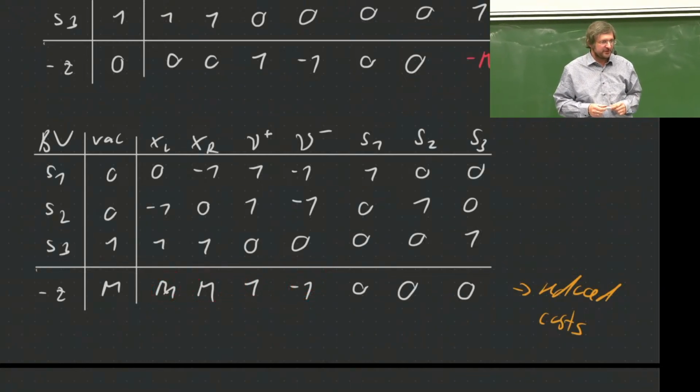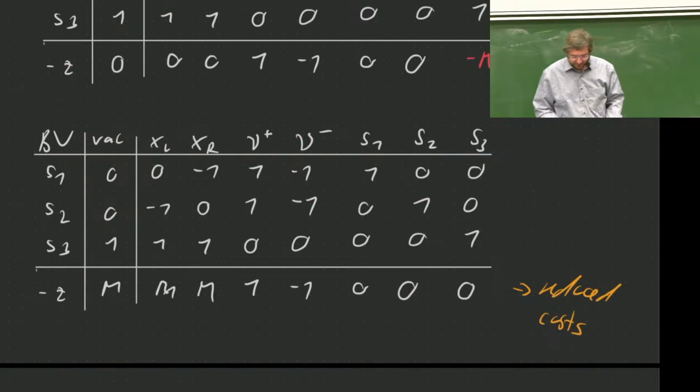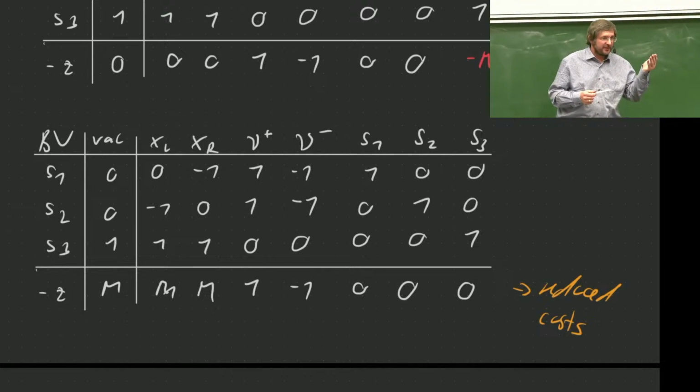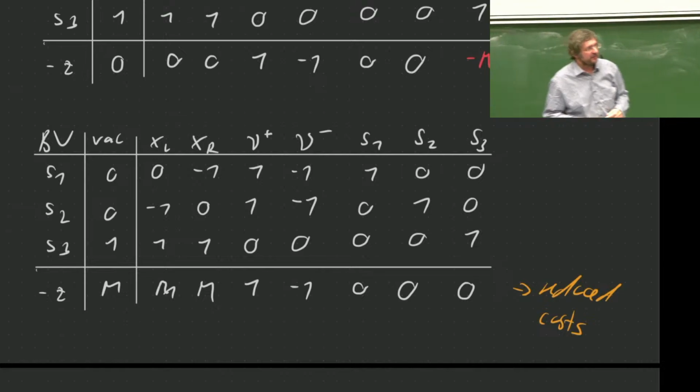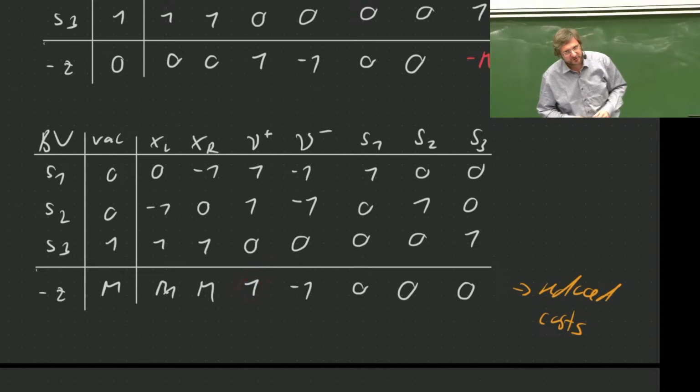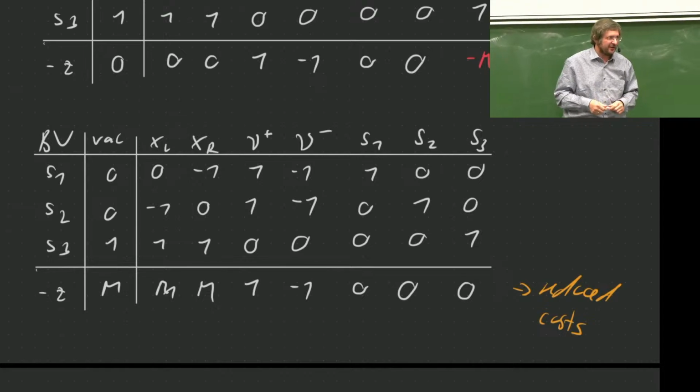Right? So if we would be able to include XL at an amount of 1, the objective will change by big M. If we include mu plus by an amount of 1, the objective will change by 1, not surprisingly.